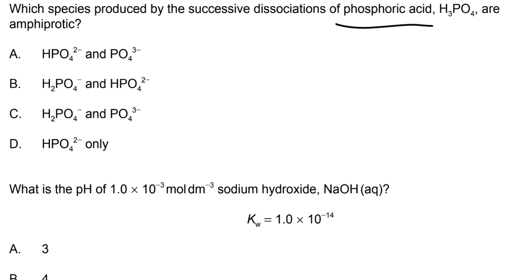So we've got to think about ones that have an H and also a negative charge, because a negative charge indicates in this circumstance that it can gain another H plus and act as a Bronsted-Lowry base, while the presence of an H suggests that they can act as a Bronsted-Lowry acid and get rid of that H. So I'm going to look for the options that have an H and a minus charge, which is going to be option B, the correct answer for this question.